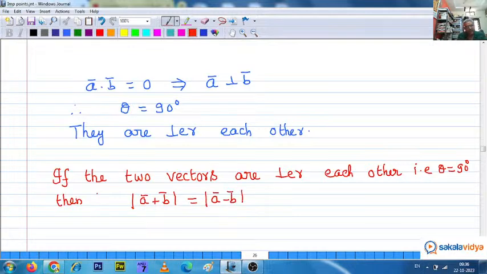This also we can remember. That means mathematically we can say the converse statement is also true. It's the converse of the given problem. I hope it's very clear to you.